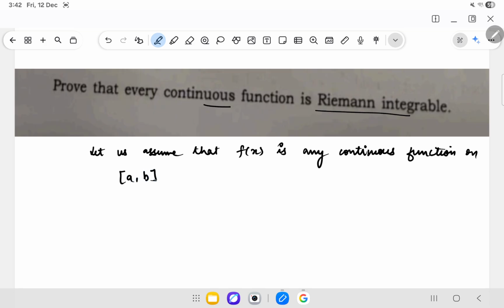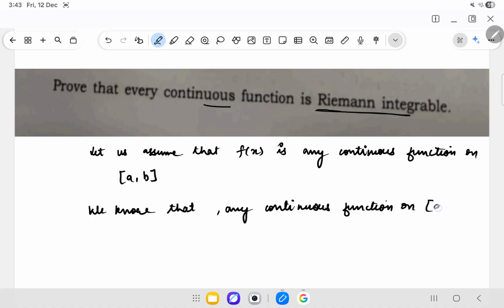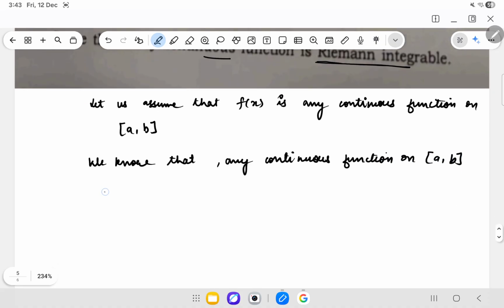Now we are taking the closed interval [a, b] because that's the necessary condition for checking the Riemann integrability of a function. And we know that any continuous function on the closed interval [a, b] is also uniformly continuous.